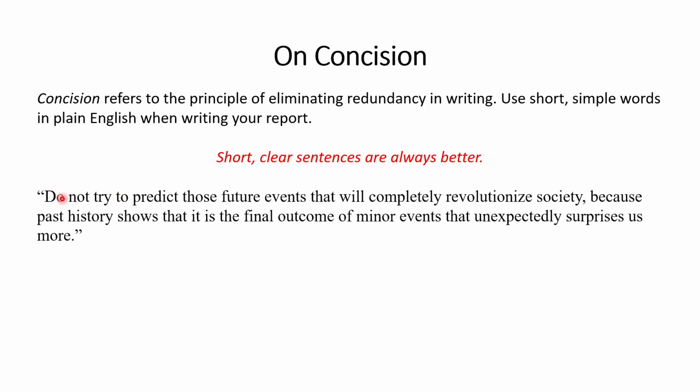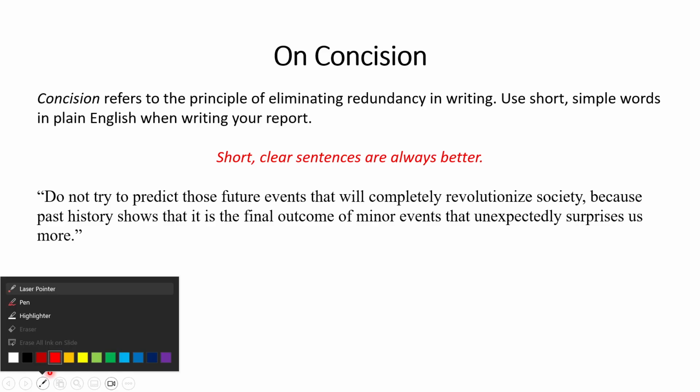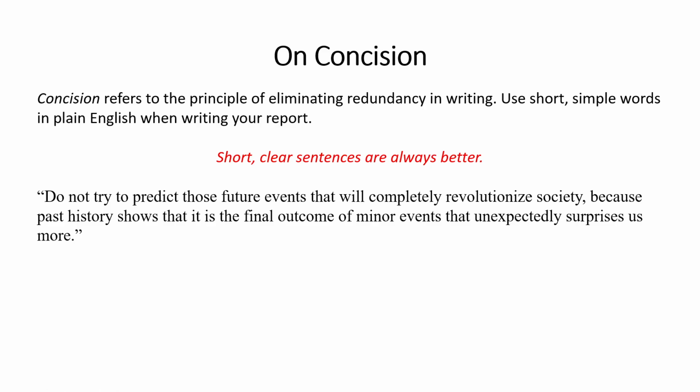So here's an example of a convoluted sentence. "Do not try to predict those future events that will completely revolutionize society, because past history shows that it is the final outcome of minor events that unexpectedly surprises us more." At first glance, it seems like a perfectly reasonable, well-structured sentence, but as you dive a little bit deeper, you'll notice that there are redundancies all across the sentence.